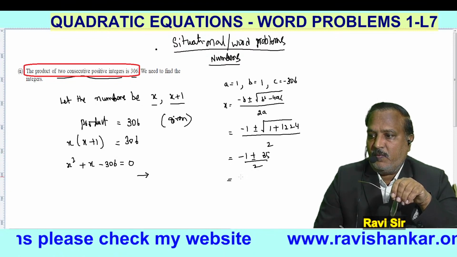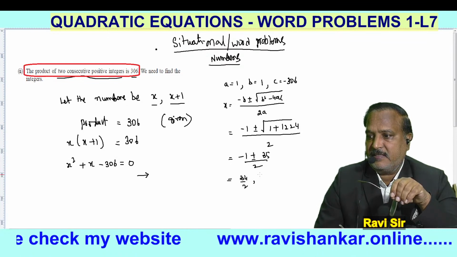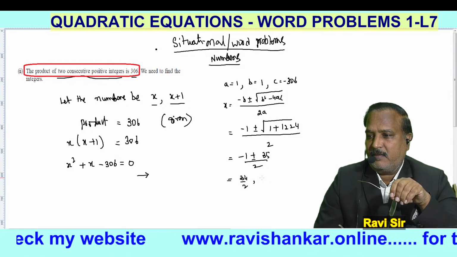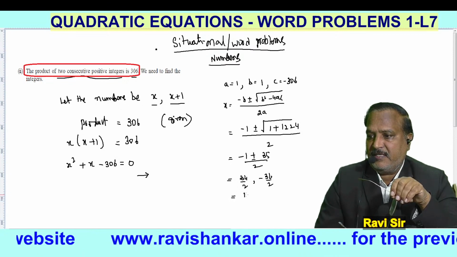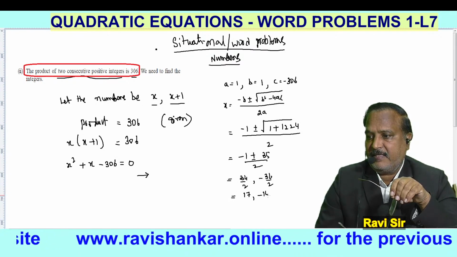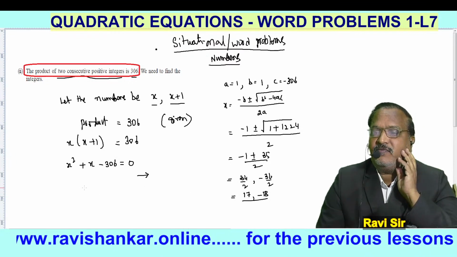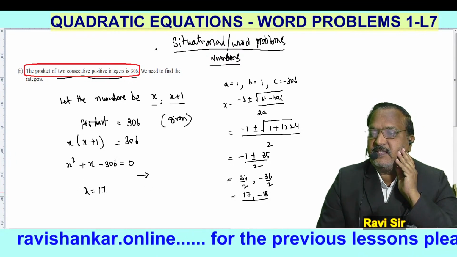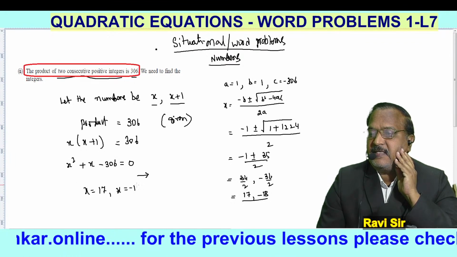So one answer is 34 by 2, one answer is minus 36 by 2. So then 17 and minus 18. Okay. So after factorization we got the values x is equal to 17 and x is equal to minus 18.